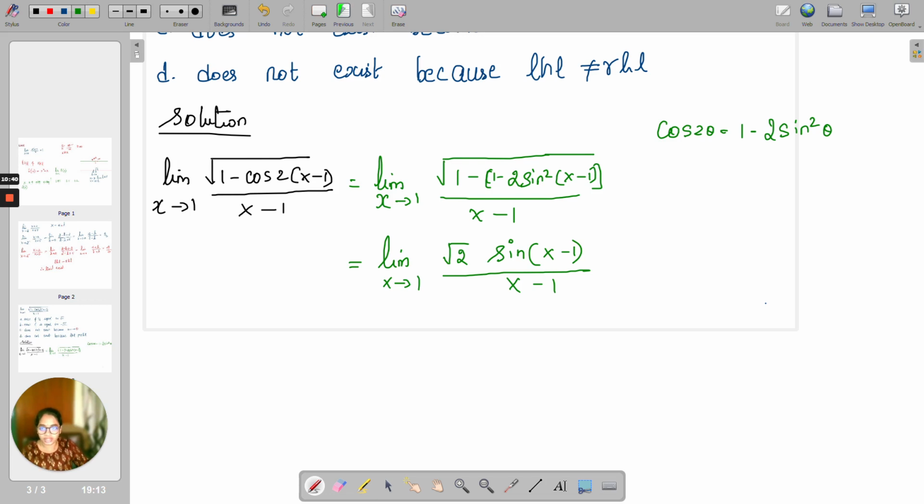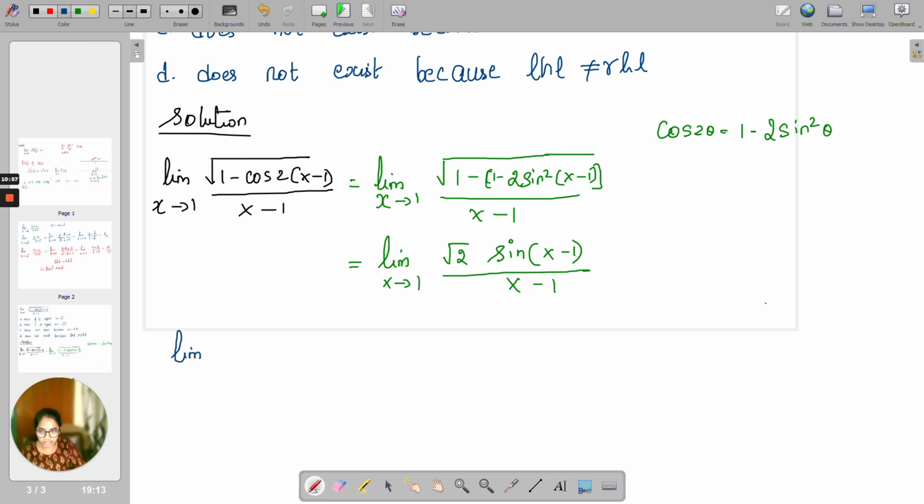Now, we have to check if LHL is equal to RHL, right? So let me take limit x tending to, there is a left hand limit. So how would you write it?